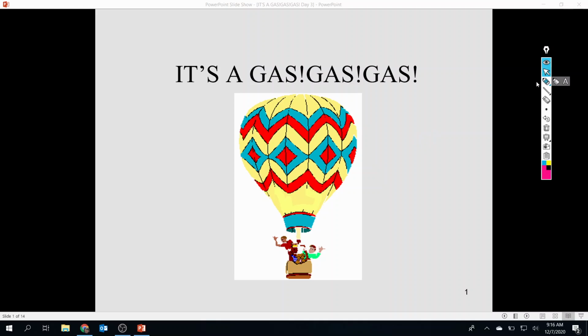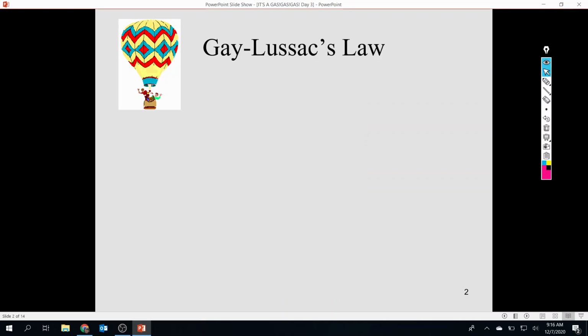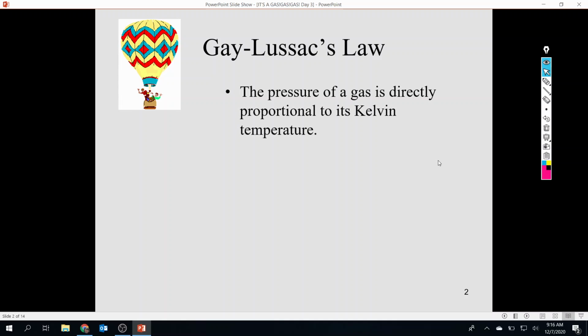If we look at the first law, we're going to look at Gay-Lussac's law, and it tells us that the pressure of a gas is directly proportional to its Kelvin temperature. There's a few things that are important in here. One is directly proportional, and that means that they go in the same direction.